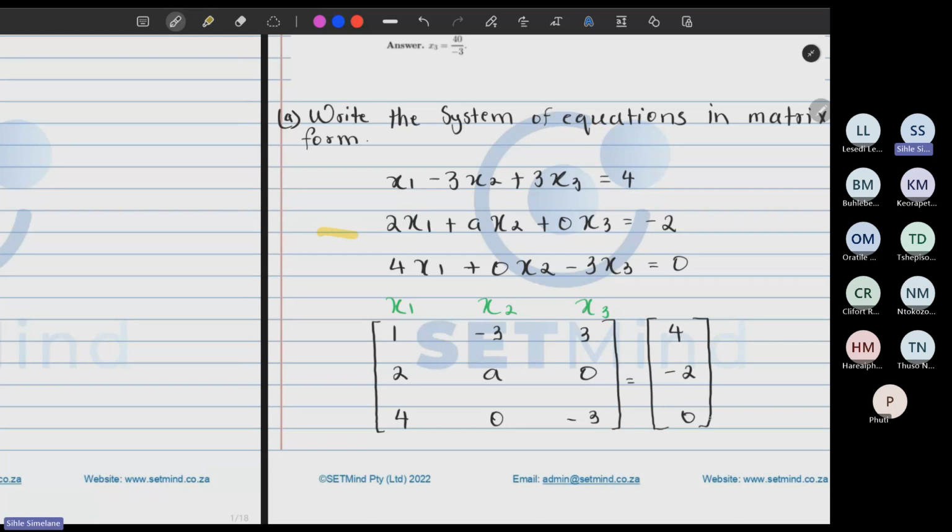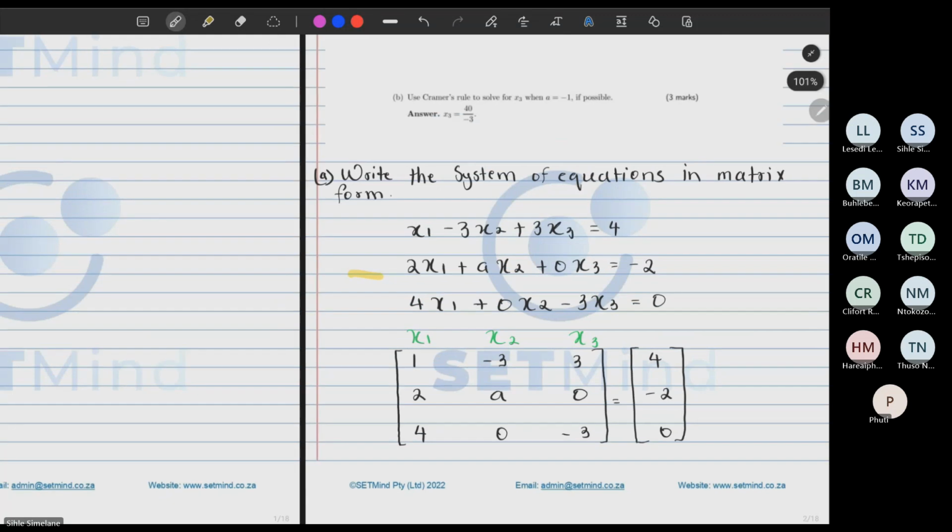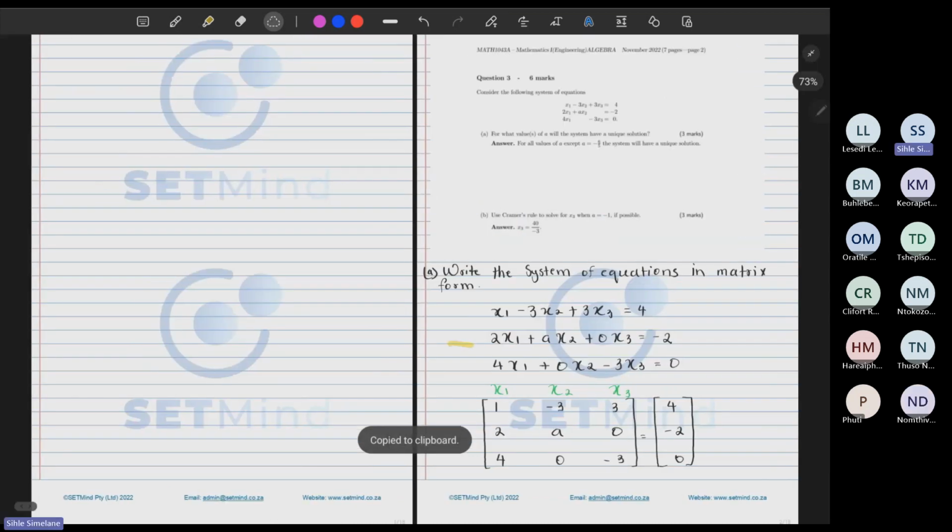Do we all understand? Okay, let's go to the next page and see exactly what we are expected to do.